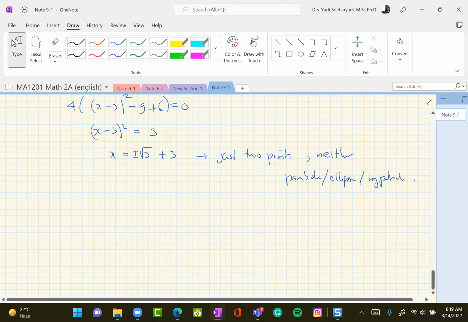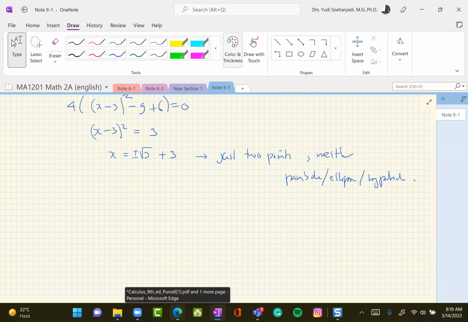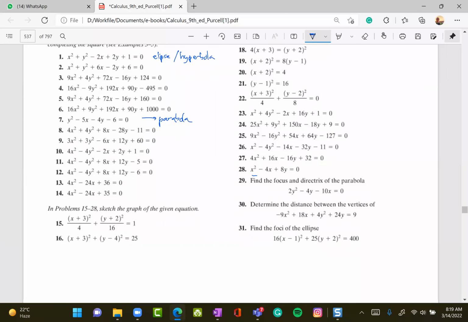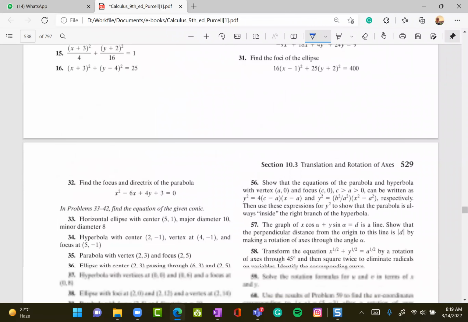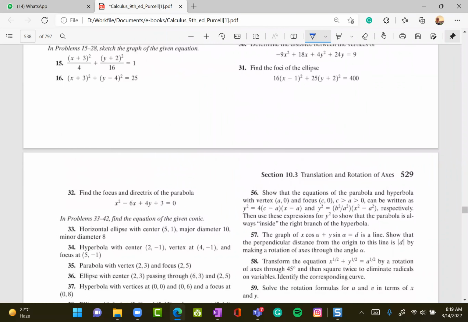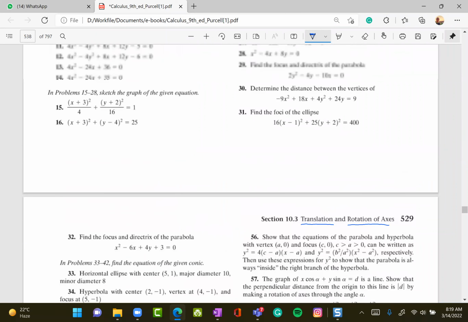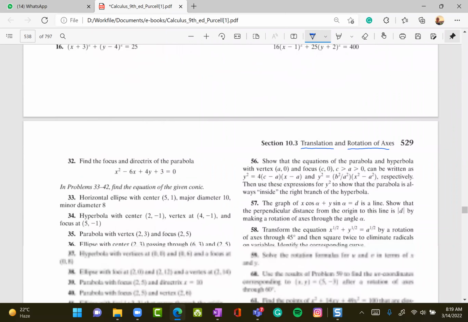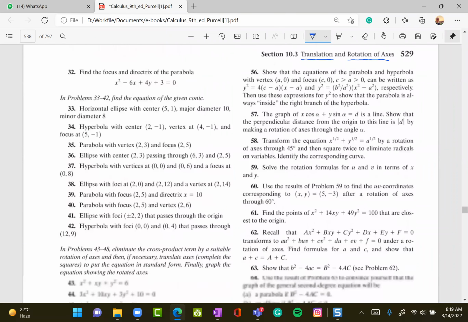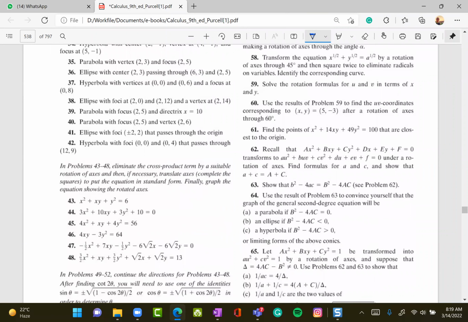All right. Let's see what else. Okay, so we talk about the translations, but we'll postpone the rotation of axis until later. This rotation of axis is responsible for this term here, the product of x and y, so the xy term.